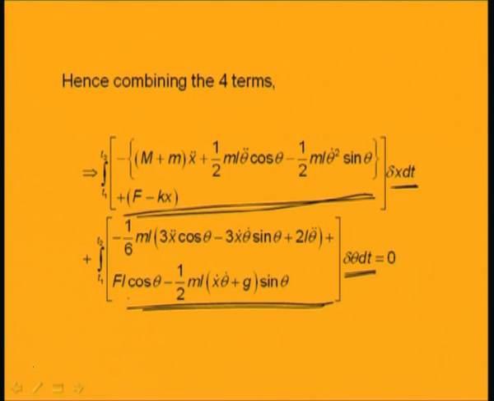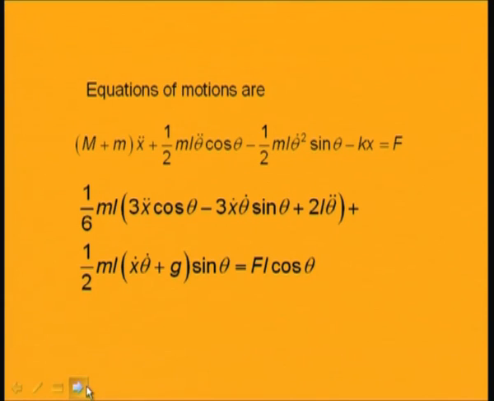This is the first equation of motion, equal to 0, and this is the second equation of motion, equal to 0. You are equating the coefficients of del x dt to 0 to get the first equation and del theta dt to 0 to get the second equation.